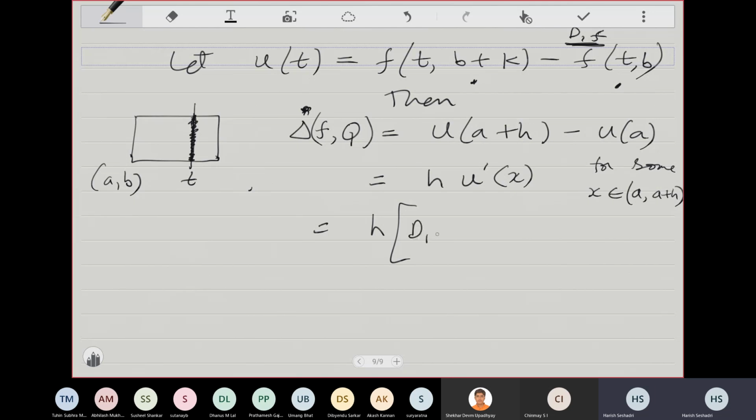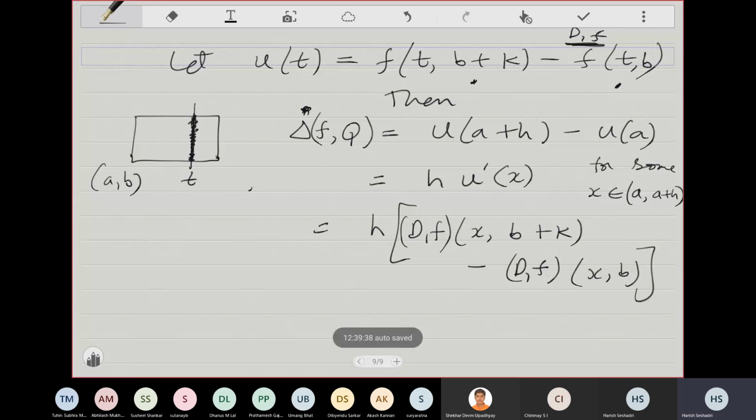So the first derivative is d1f at (x, b plus k). The second one is d1f at (x, b).